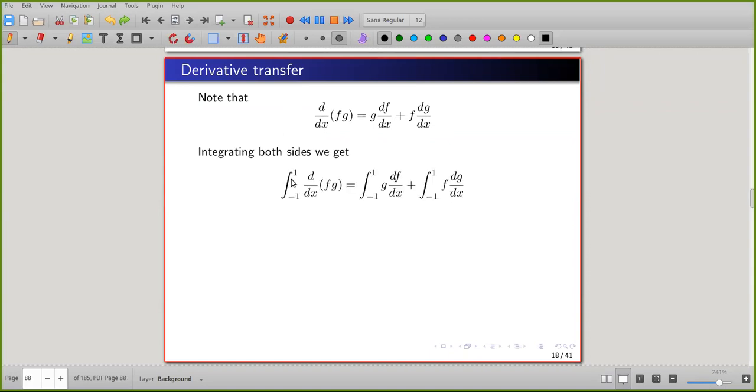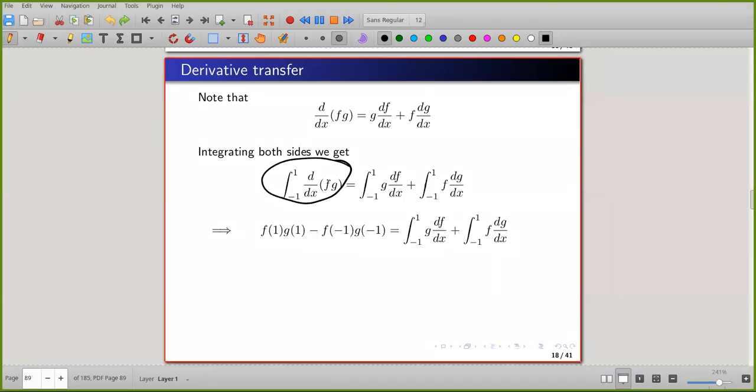Now we integrate both sides. We have the integral from -1 to 1 of d/dx of f times g, equal to the integral from -1 to 1 of g df/dx plus the integral from -1 to 1 of f dg/dx. The left-hand side is just the function f times g evaluated at 1 minus f times g evaluated at -1, which is precisely this.